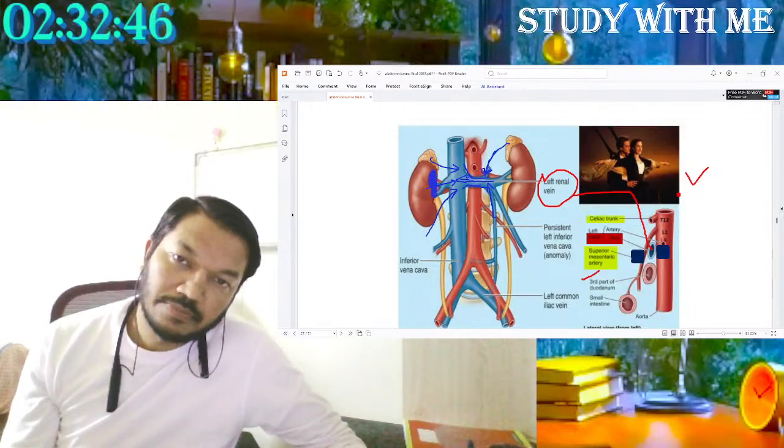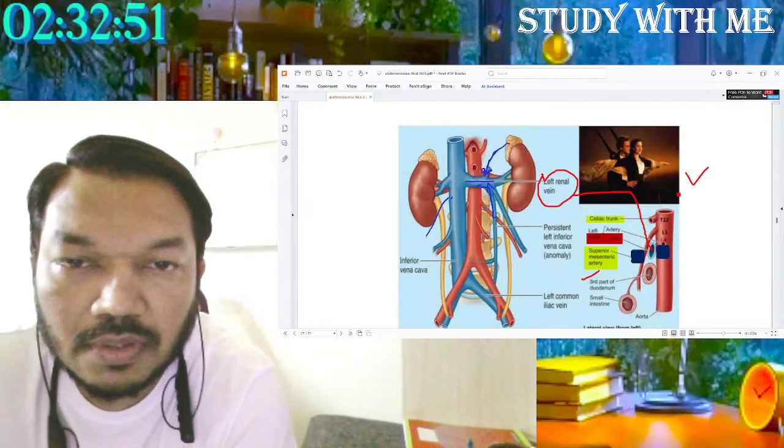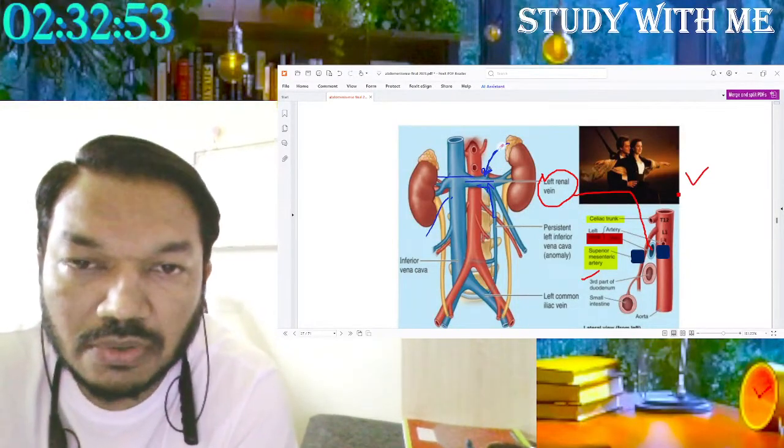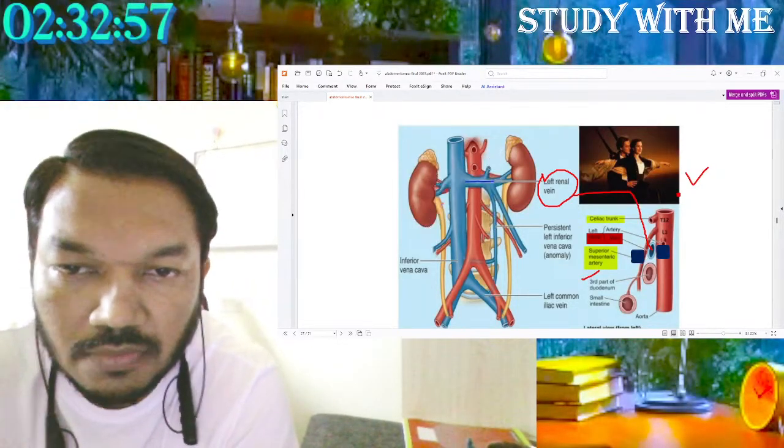Here the importance is in this part, the vein is actually very powerful.